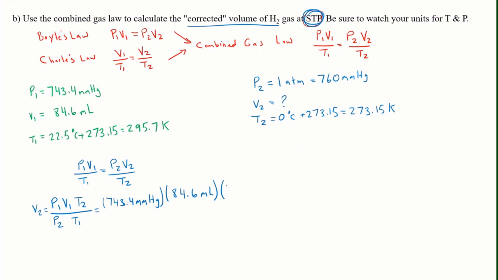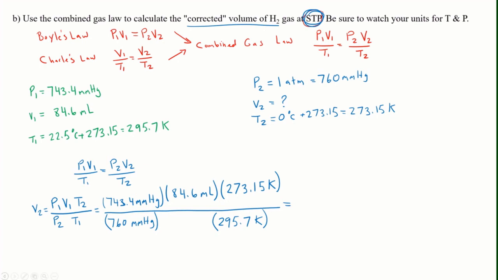T2 is 273.15 Kelvin over P2. P2 is right here, 760 millimeters of mercury, times T1. I'll write T1 here, which is 295.7 Kelvin.